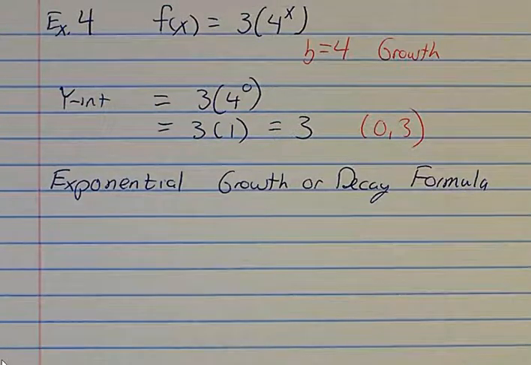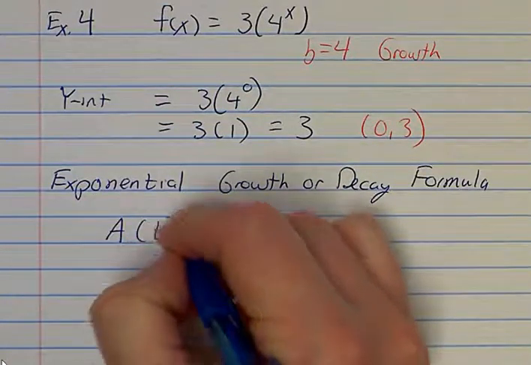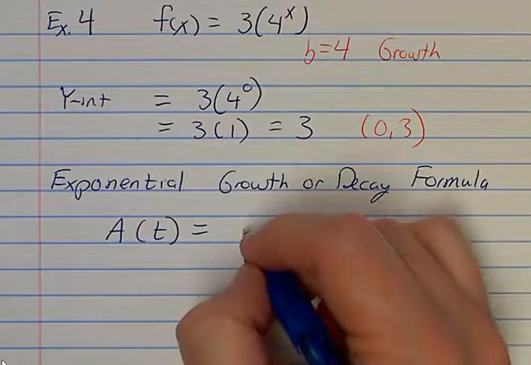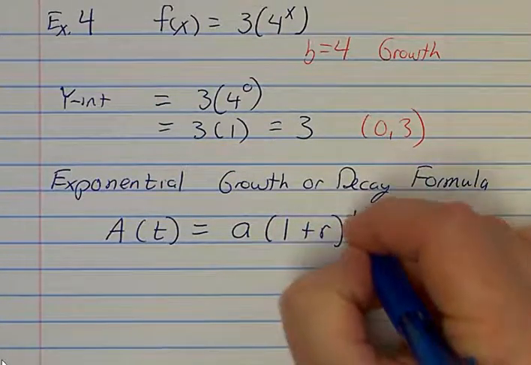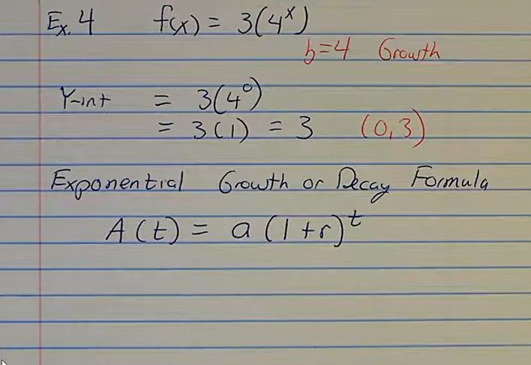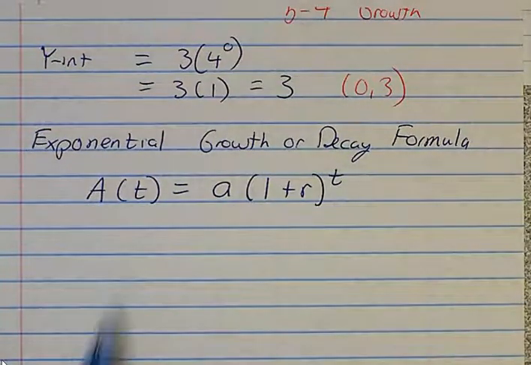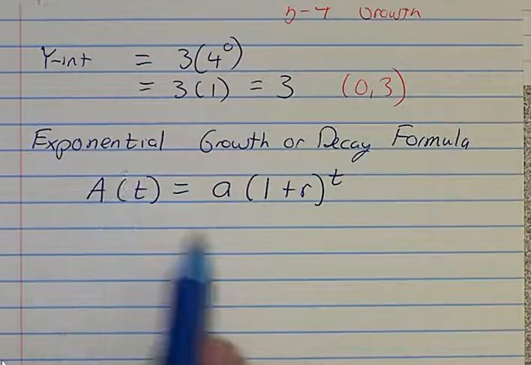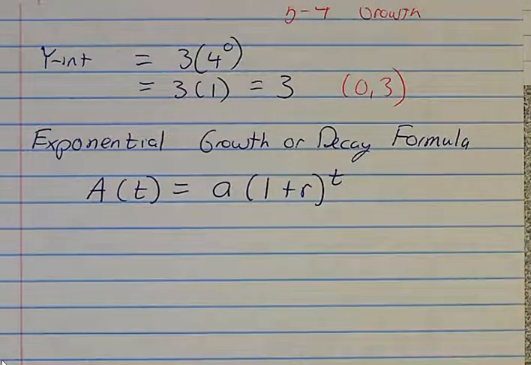If the base is less than 1, it's going to make it decay or shrink. So it's the same formula either way, no matter what you do here. Okay, so there's your one formula. It's A of t. And again, this is just the notation, so this is really not a big deal here. It's A times (1 plus r) to the t power.